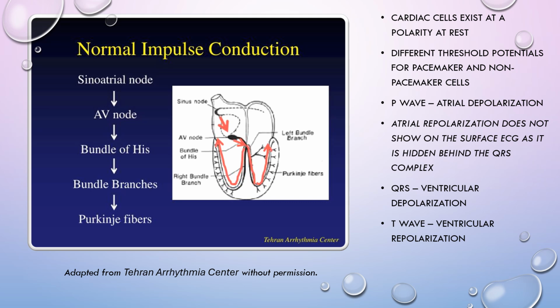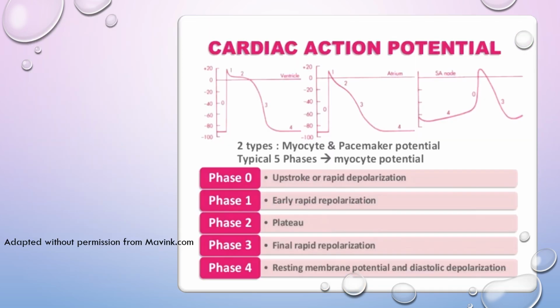So when the impulse comes, there's a wave of electricity that changes, that depolarizes this polarity. And then this can cause conduction of the current through different chambers. And as this wave of conduction passes across the different chambers, the mechanical beat of contraction follows.